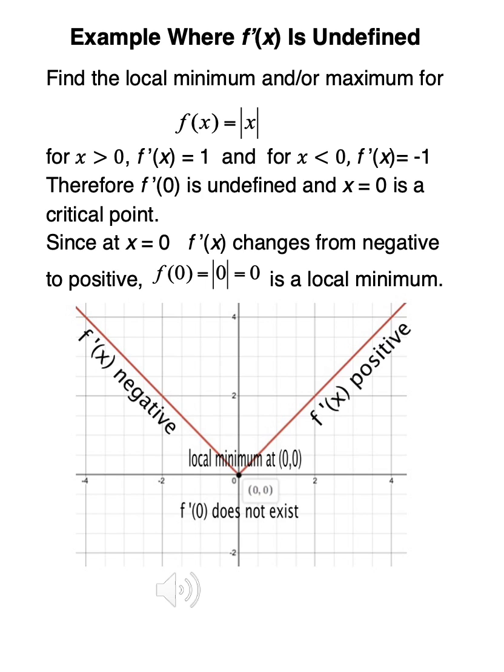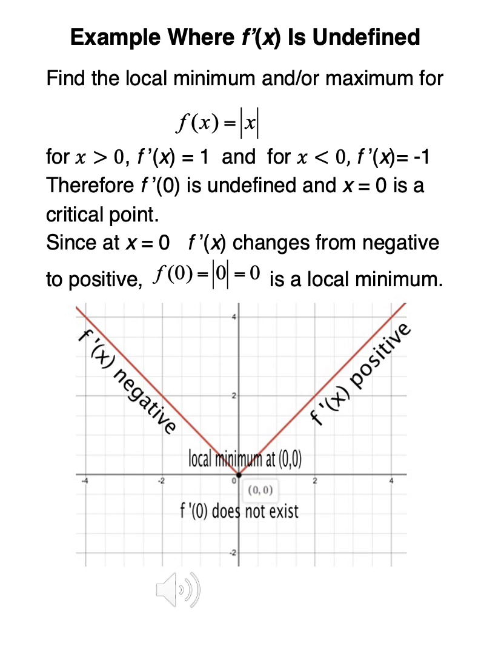At x equals 0, we now want to see what happens to the first derivative as we move from the left to the right, from less than 0 to greater than 0. To the left the first derivative is negative 1, so it's negative, and to the right of 0 it's positive 1, so it's positive.